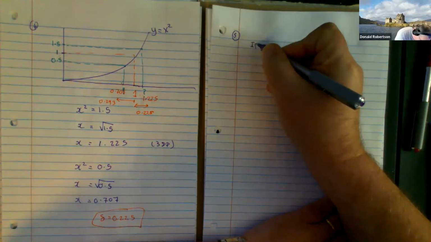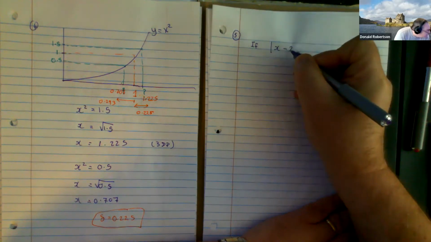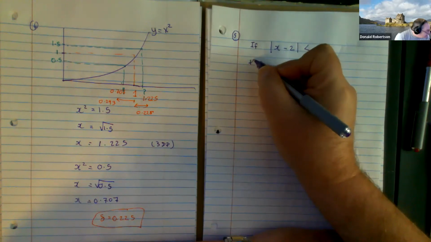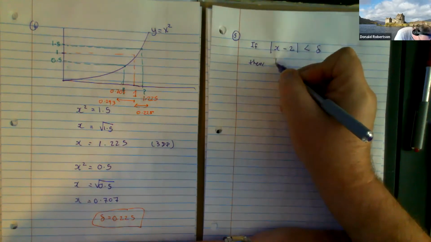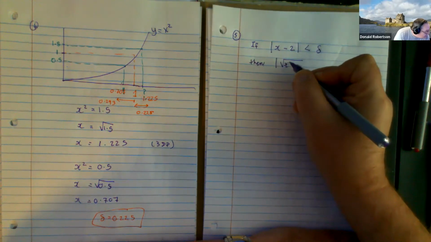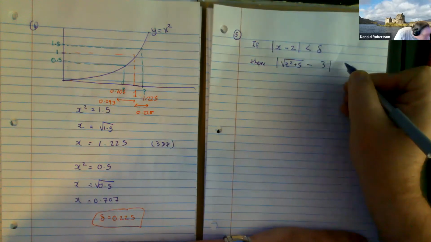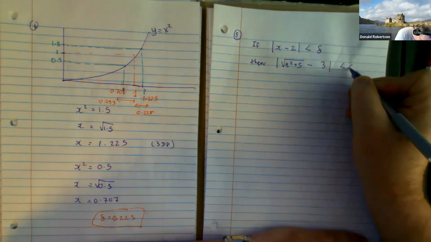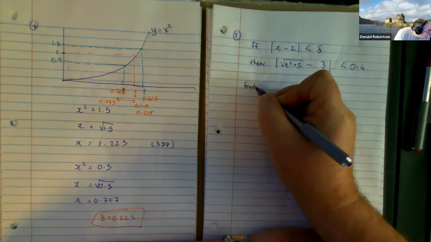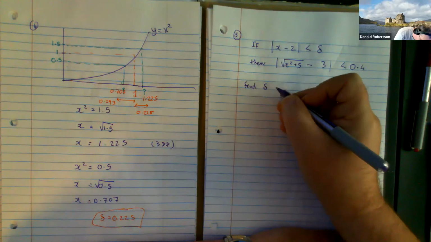If the absolute value of x take away 2 is less than delta, then the absolute value of the square root of x plus 5 take away 3 is less than 0.4. And we're being asked to find out what delta has to be to 3 decimal places.